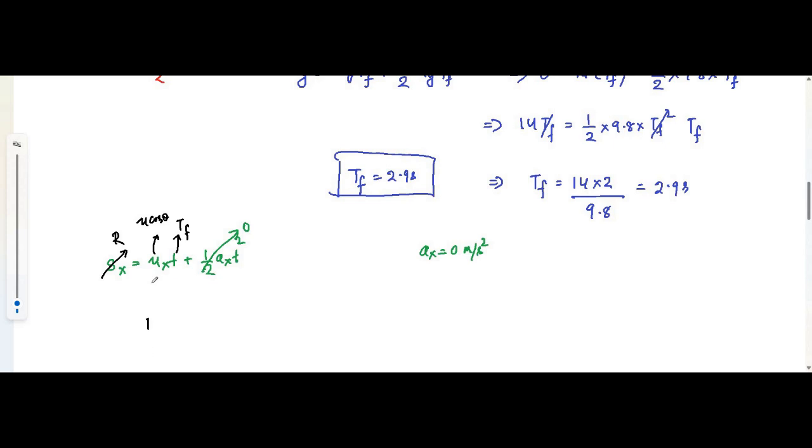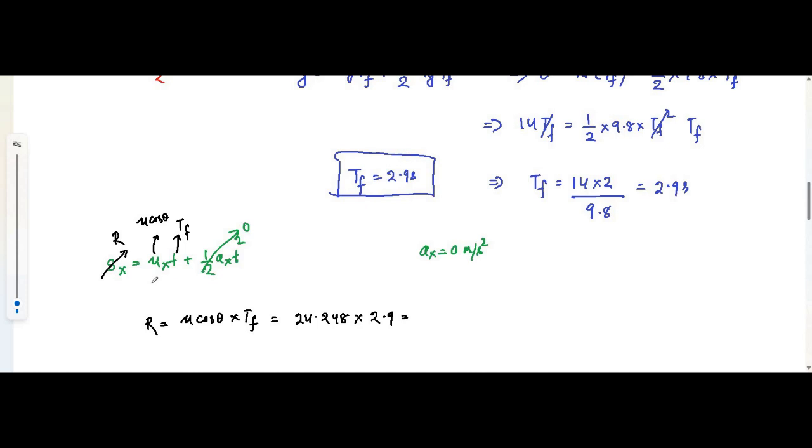So r will be equal to u cos theta into tf, which is equal to 24.248 into time of flight, which is equal to 2.9 seconds.